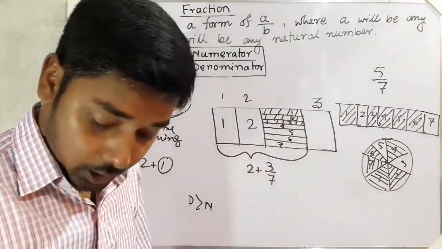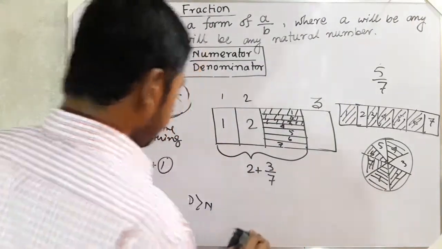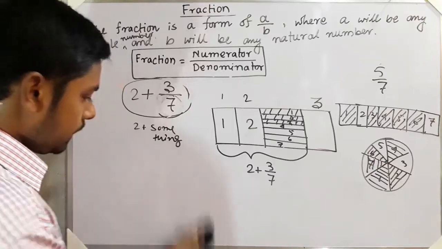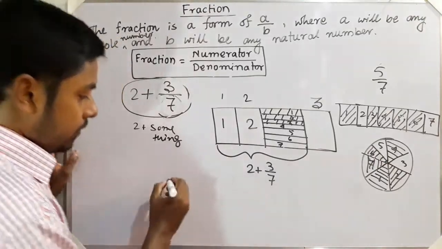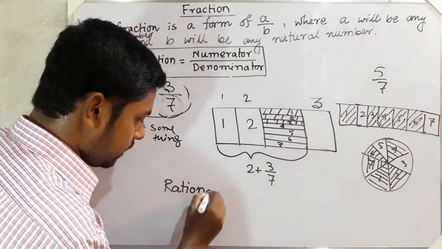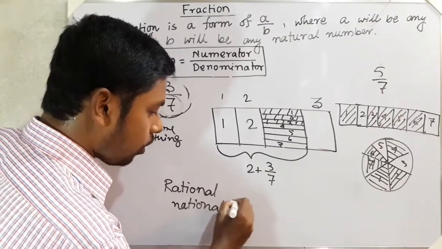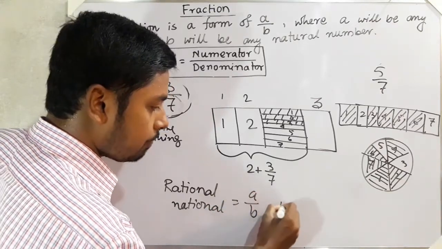But now I am asking you a question. A rational number is also of the form a by b, where b is not equal to 0.